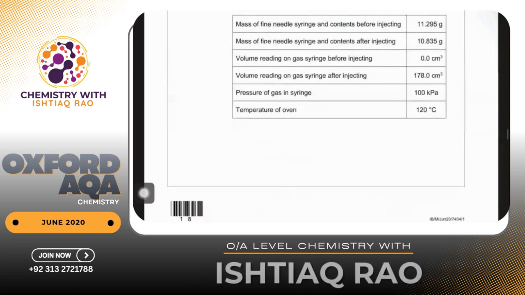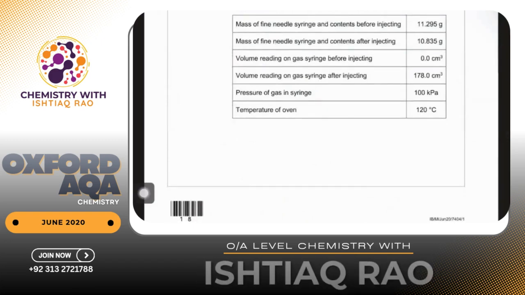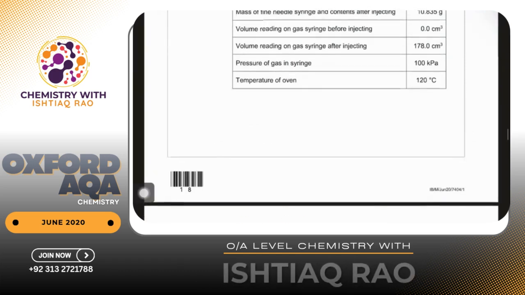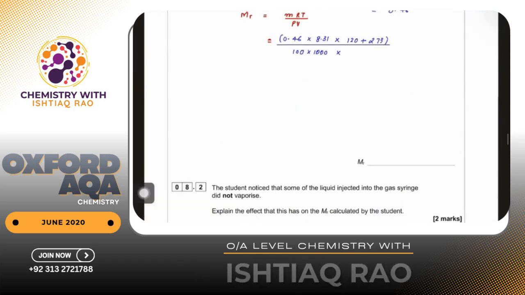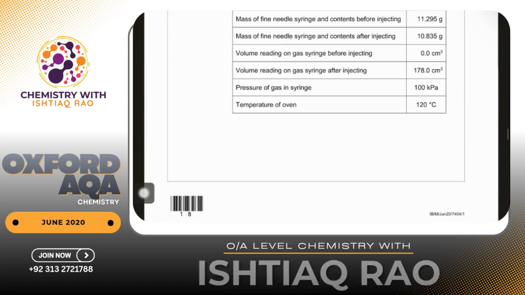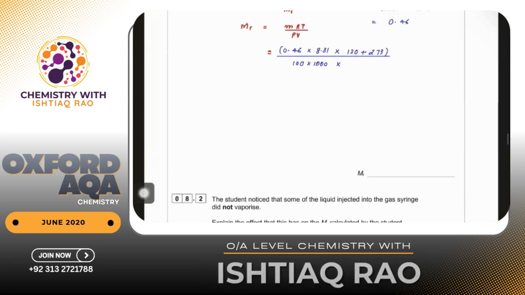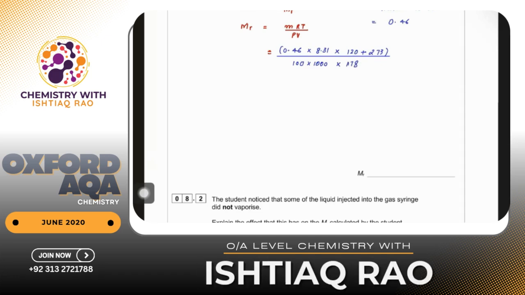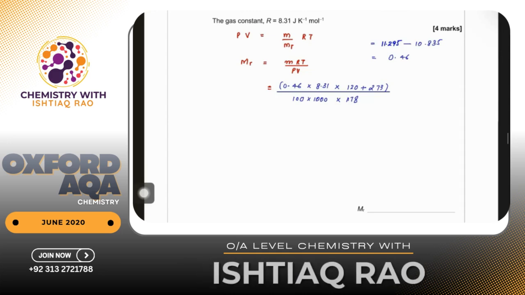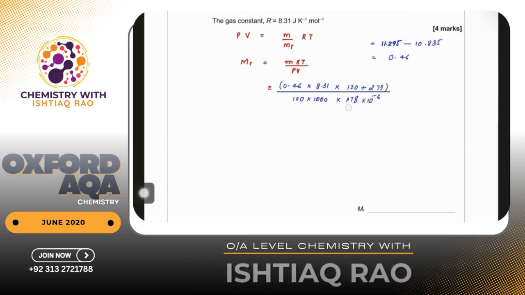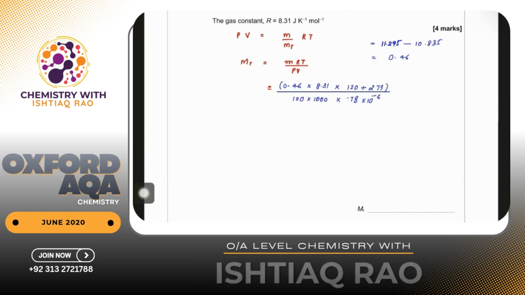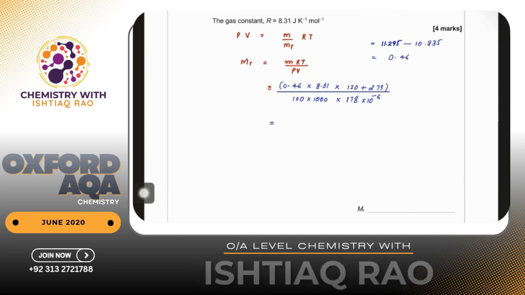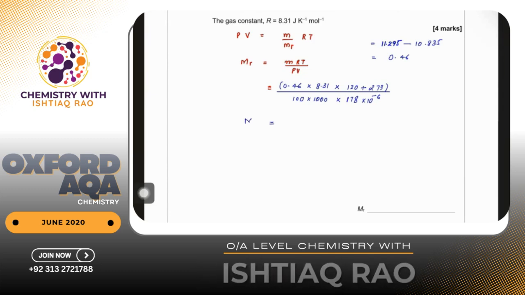That is the volume reading on a gas syringe before and after, so it is 178. It's in cm cube, I think. We have to convert it into meter cube, multiplied by 10 raised to the power minus 6. So 178. Then we find the MR directly.